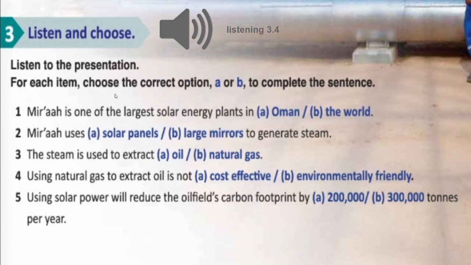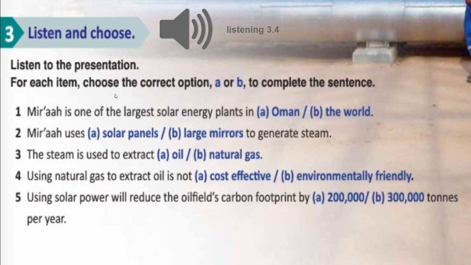Let me start by explaining the Mirror project. We use solar energy to generate steam. This steam is then used to heat oil that is in the ground. The steam makes the oil thinner, which means it is easier for us to take it out of the ground.